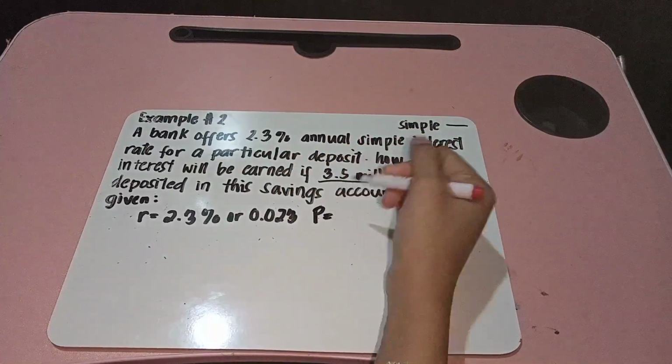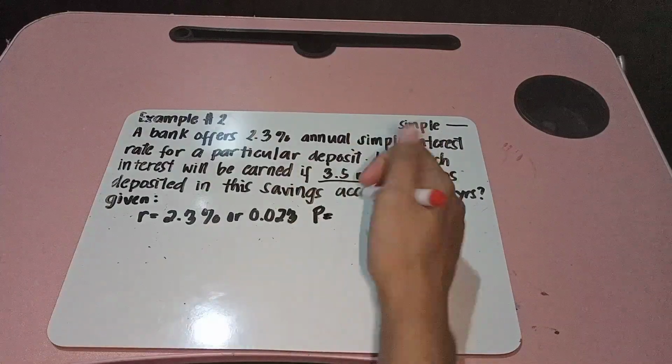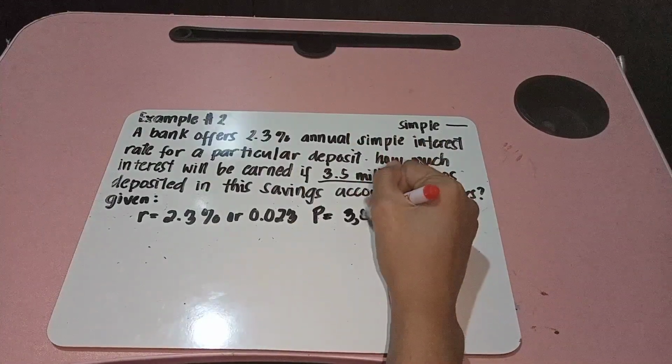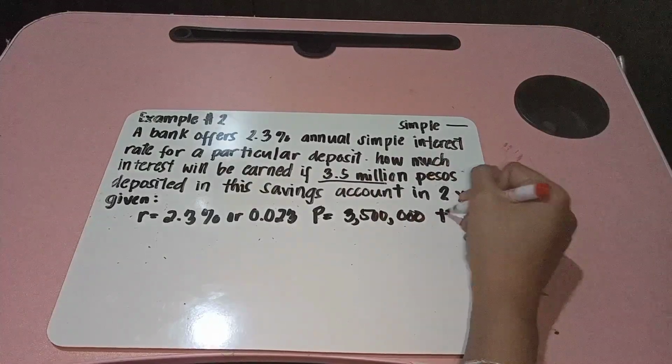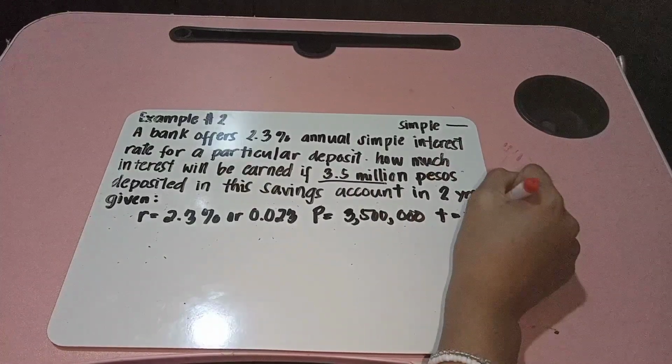For the P is equals to 3,500,000. T is equals to 2 years.